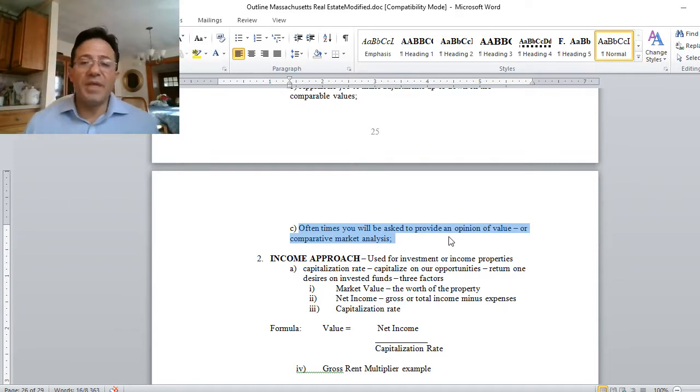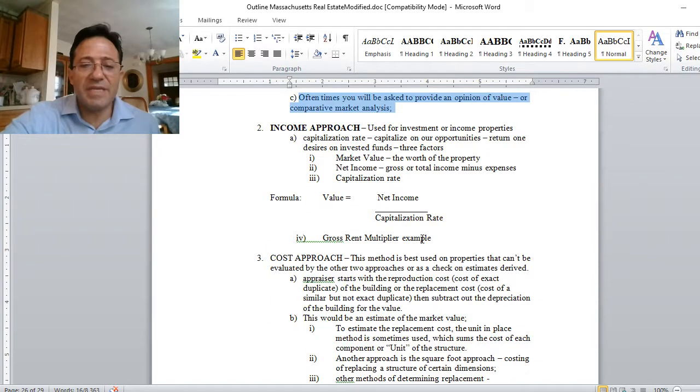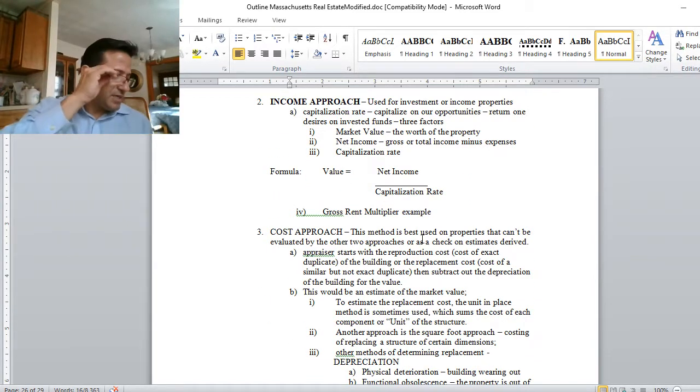And so there might be a little bit of a disagreement between you and your seller, but eventually I would hope that you would come to a price that you both can decide on, someplace in the middle, and try to set the price with the understanding that the price will drop, right? You will drop the price if you don't get an offer. So in any event, that is the comparative approach. Next, we go on to the commercial setting, and we got the income approach that the appraiser will use in trying to set a value on a commercial piece of property, used for investment or income properties.